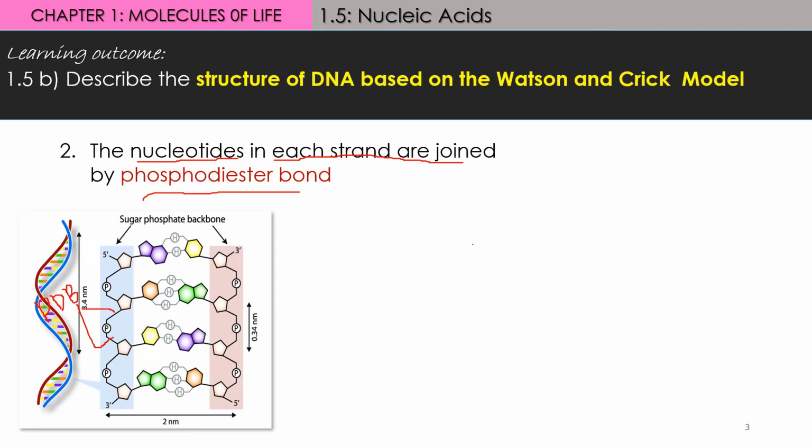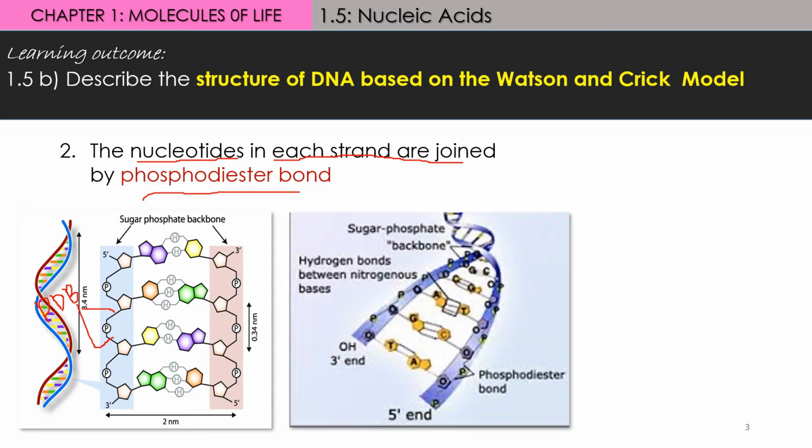What is phosphodiester bond? Phosphodiester bonds are strong covalent bonds between phosphate groups that connect the 5' carbon of one deoxyribose to the 3' carbon of the next deoxyribose of the adjacent nucleotide.